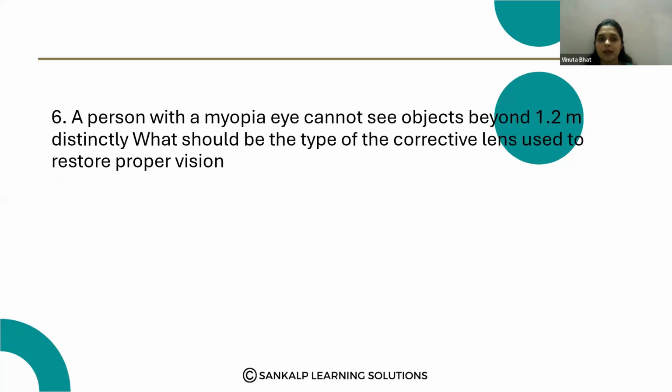Next question. A person with myopia cannot see objects beyond 1.2 meter distinctly. What should be the type of corrective lens used to restore the proper vision? Here the eye defect is already given, that is myopia. So 1.2 meter means the far objects are not visible properly.